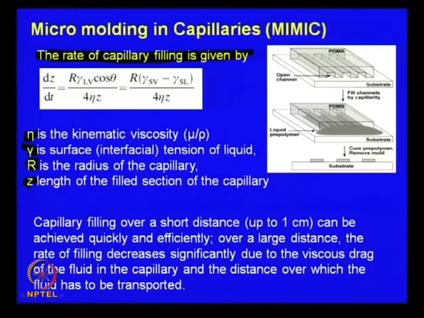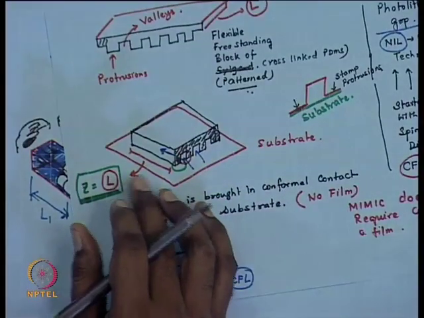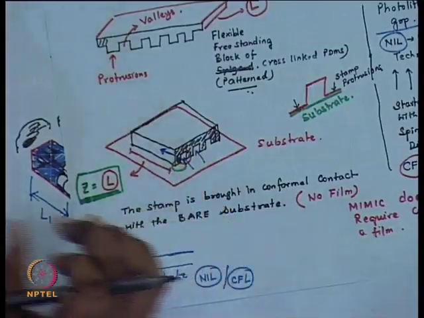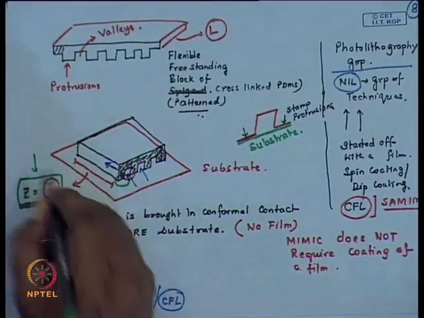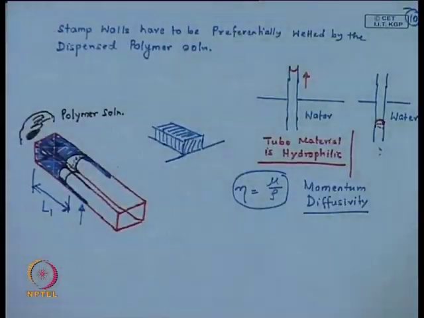So, if you solve it, you will get an idea of the time that is necessary to fill up the length L, and at any given instance of time, up to what length the capillary filling has occurred. So, that is the utility of this equation.